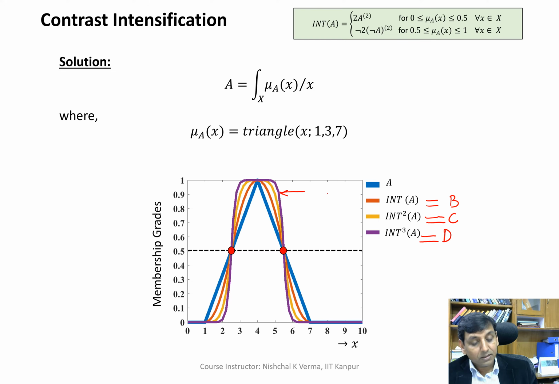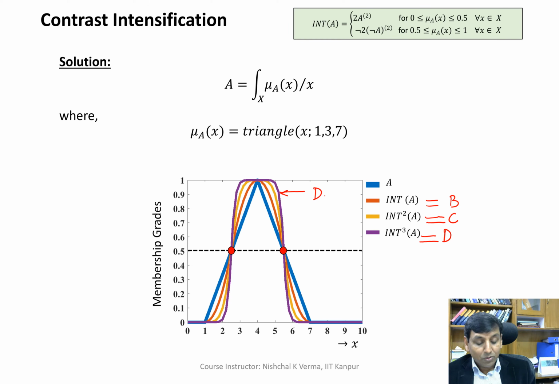If we represent this fuzzy set by a violet color, which is D, it is further intensified, and we can clearly see that the 0.5 line is the separator. Below this line the behavior is different, and above this line the behavior is different.